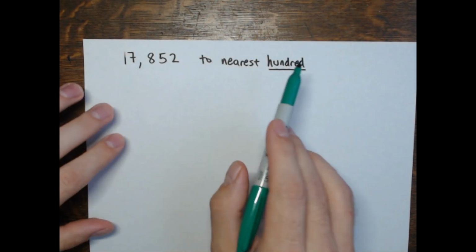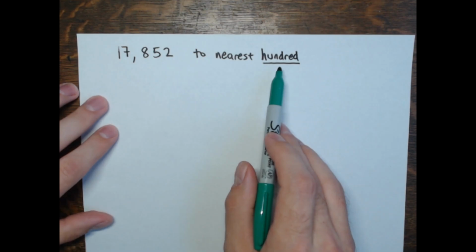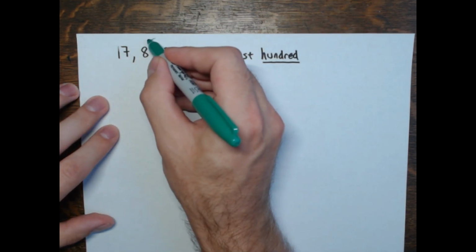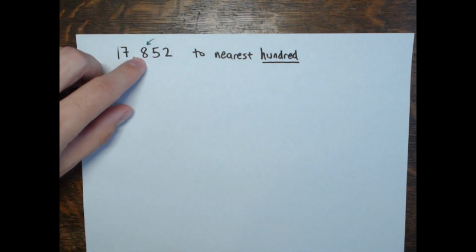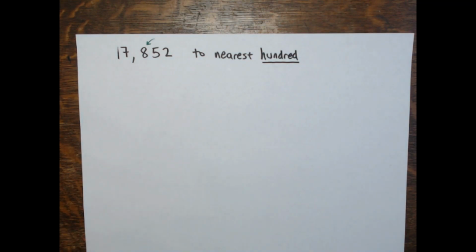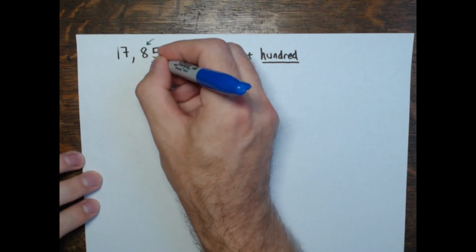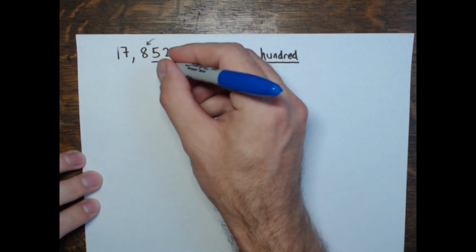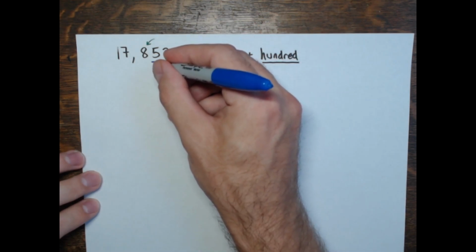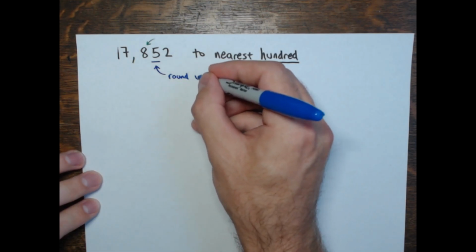So as before, the decimal place we are given here is the hundredths place, which is the 8. All right. So I'm focused on the 8. That's in the hundredths place. I'm going to underline the digit in the place directly to the right of it, in the tens place. This is 5 or greater. So we're going to round.